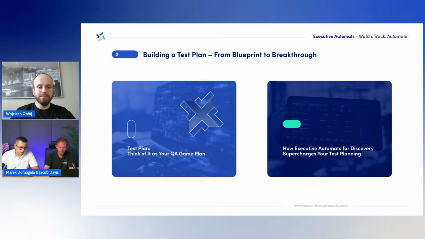Then we need to include the data preparation. And it's getting converted from the high level test cases to smaller chunks, more detailed, more granular, with some prerequisites and things like this.